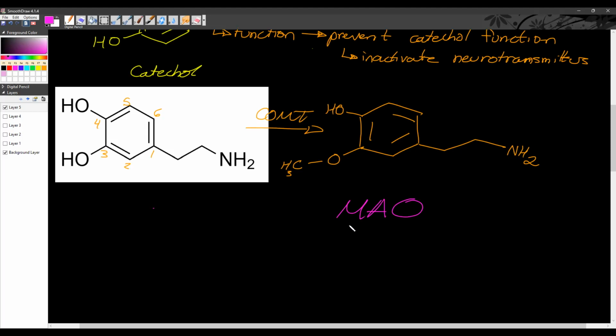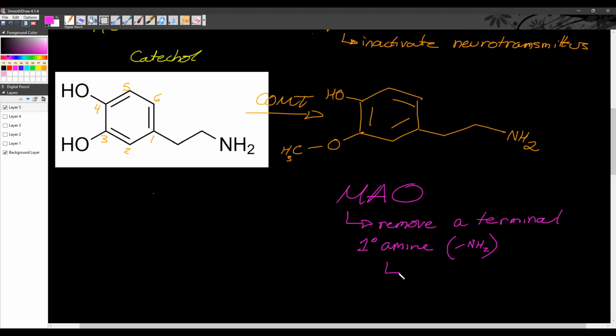So monoamine oxidase is going to remove a terminal amine, specifically a primary amine. So we see something like NH2. And this is going to create an aldehyde.